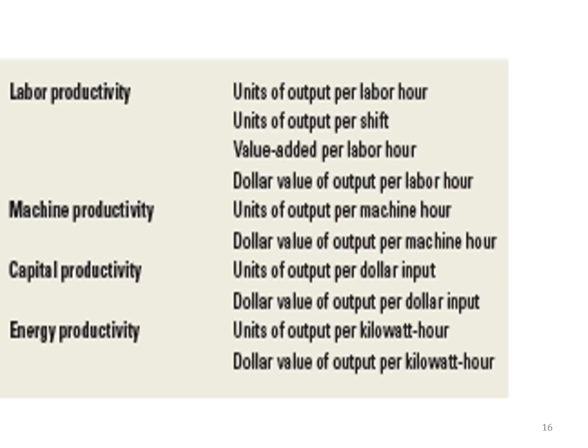So here are some other calculations that are also possible for labor productivity and others. The first one we have already seen in the previous slide: units of output per labor hour. But you can also calculate labor productivity based on units of output, the quantity of your output products per shift, or the value-added product, the product that has passed the quality control, over the labor hours, or the dollar value, meaning the monetary value of your products, over the labor hour.